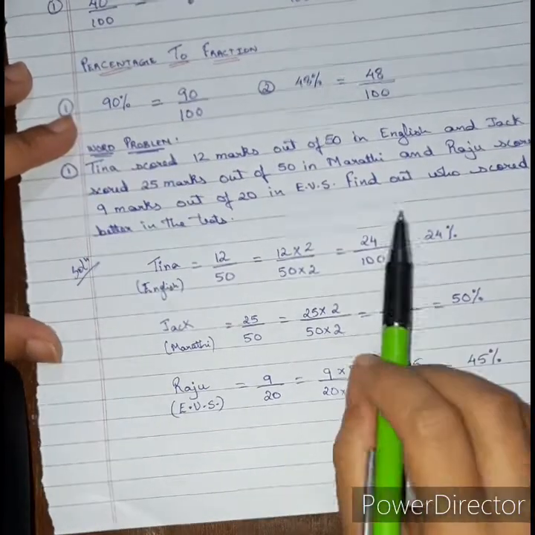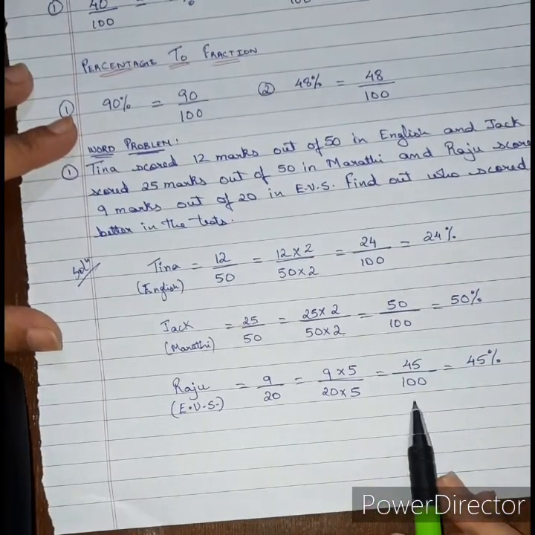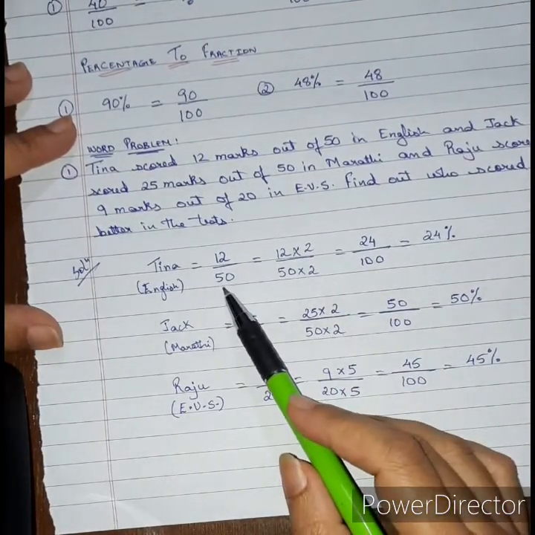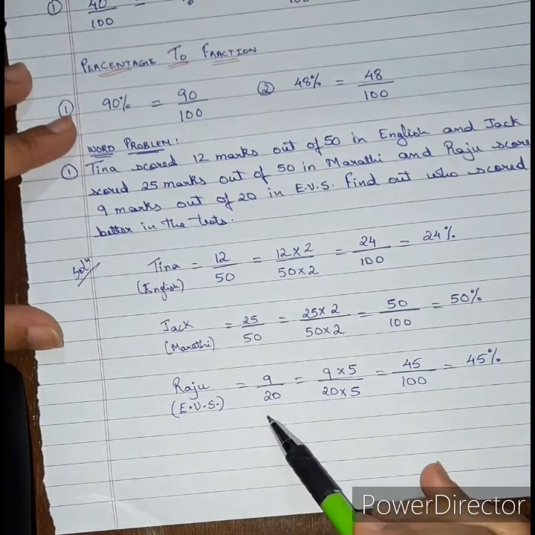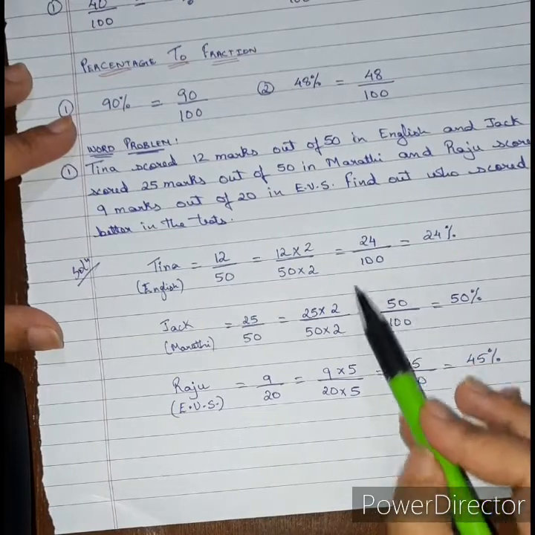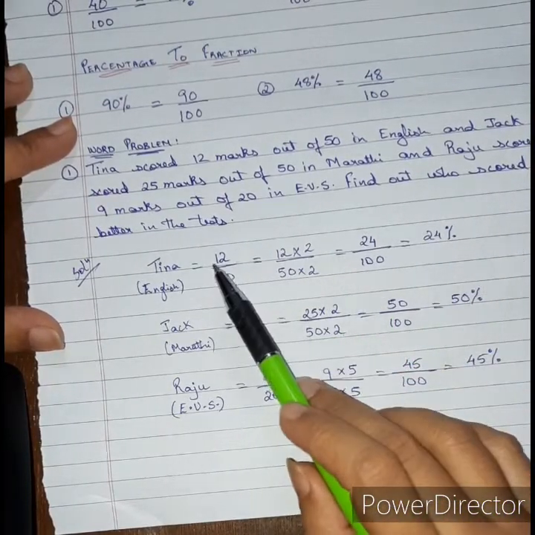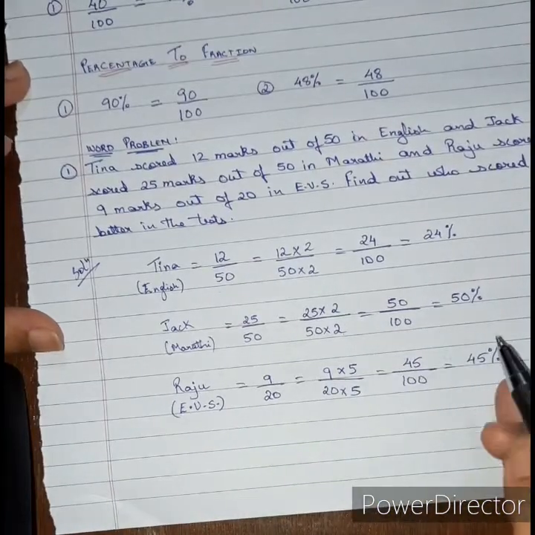Now, the last question is, since you have found the percentage by making everything upon 100, even this one was out of 50 and out of 20, but we know the percentage now because we have made same out of 100. Okay, find out who has scored better in the test. So who has scored better?